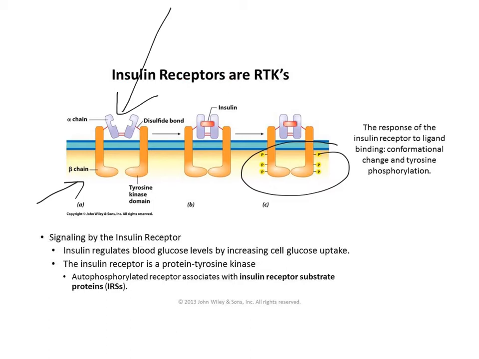So insulin will travel around, and if there are insulin-binding receptors on certain cell types, insulin will bind to this receptor tyrosine kinase and lead to activation of the receptor, the dimerization of these two receptors.